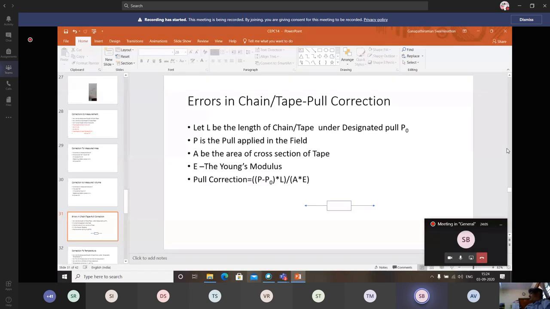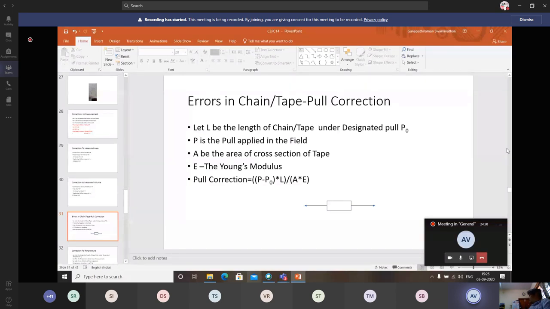What is the other name for Young's modulus? Modulus of elasticity, not rigidity modulus. Modulus of elasticity. What is elasticity? Sir, it's the tendency of a material to return back to its initial state.